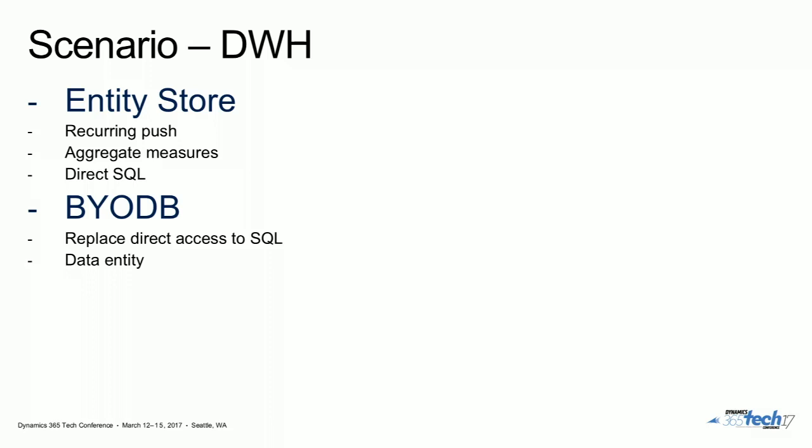Entity store is used to light up your Power BI reports. That's the only scenario where you would use entity store. What you can push to an entity store is an aggregated measure, and you can schedule a recurrence and push this data to the entity store.